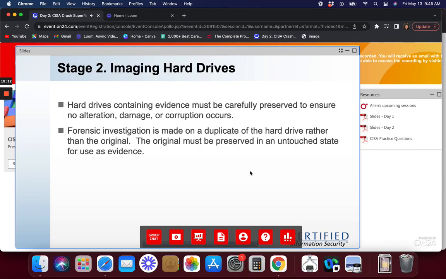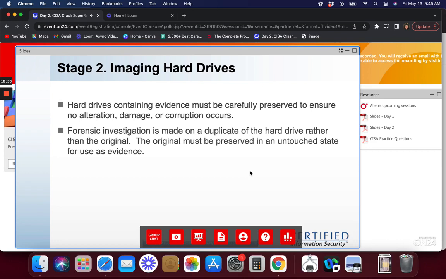Again, we've already talked about imaging hard drives before for backup purposes, but for incident response, we image hard drives because you should never be investigating the compromised hardware directly itself, because the process of your investigation is inadvertently modifying the hardware you're looking at.